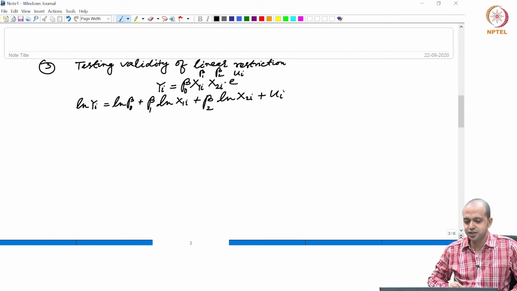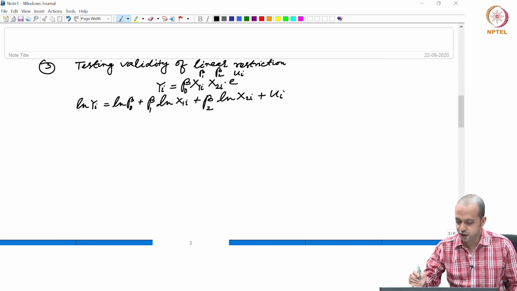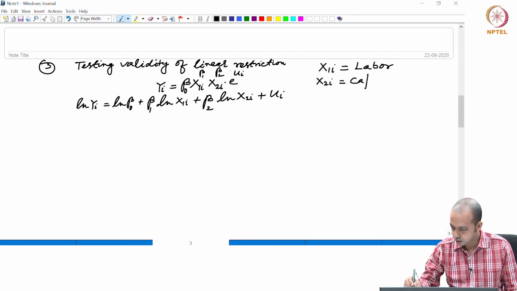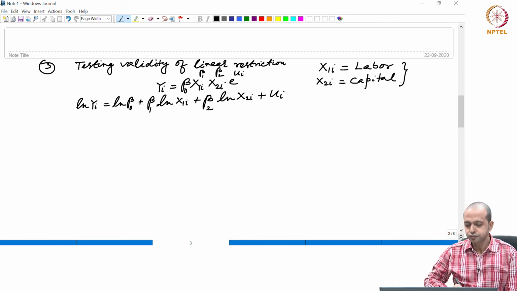This is our linearized production function, where x1 equals labor and x2 equals capital. These are the two factors of production we are using in the production function.